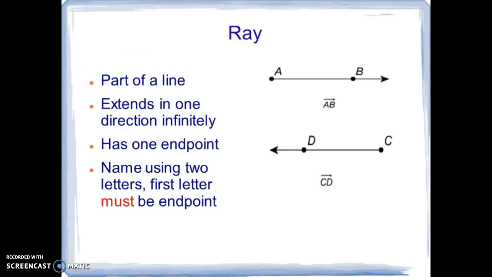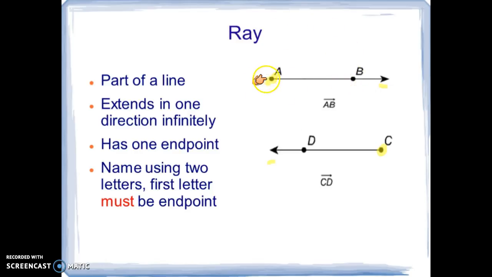Another part of a line is what we call a ray. A ray extends in one direction infinitely. So it has one endpoint. When we name a ray, we name it using its endpoint and one other point that is on the ray.